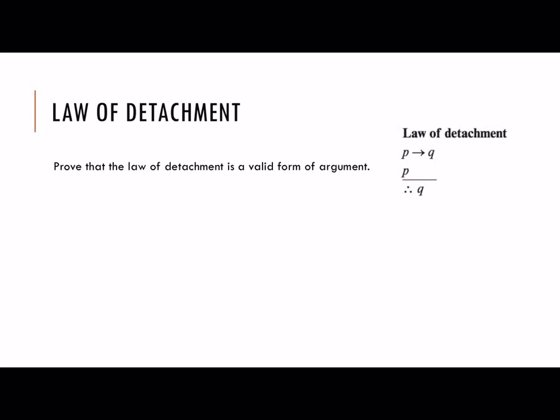So an example might be if today is Monday, then tomorrow is Tuesday. Today is Monday, and therefore tomorrow is Tuesday. Okay, so that makes sense. All right, so let's check this, and we want to prove that this is a valid form of argument.